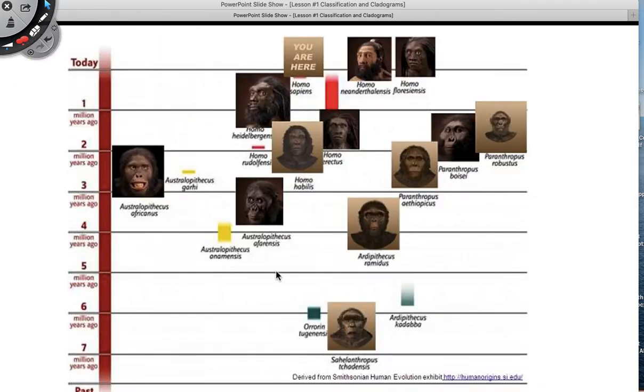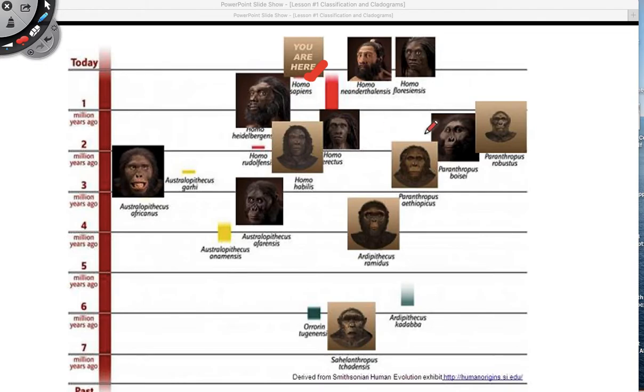Here you see some of the phylogeny of our hominid species. So here we are, right? We are Homo sapiens, and you can put a picture of you right here. And then all of these other organisms are our closest relatives.